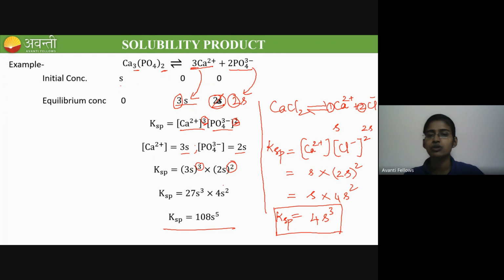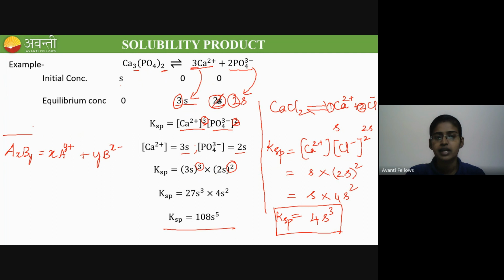You need to know the dissociation. That's it. If any salt is given in the formula format AxBy, how do we do it? It is x into A power y+ and y into B power x-. This is the formula which we have been using from our lower classes to find the number of ions produced.